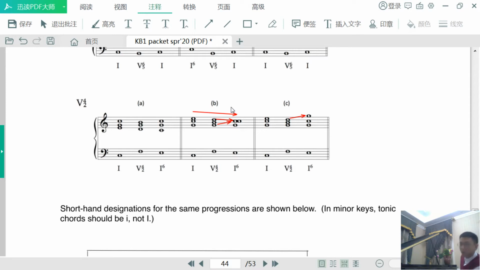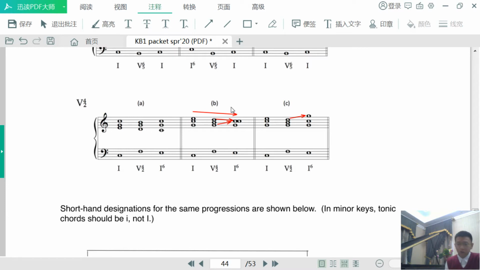Now let me play only the bass and the soprano. Which one do you like better? The first is... second. I like the second one because the leap of the fourth really makes the progression more interesting.